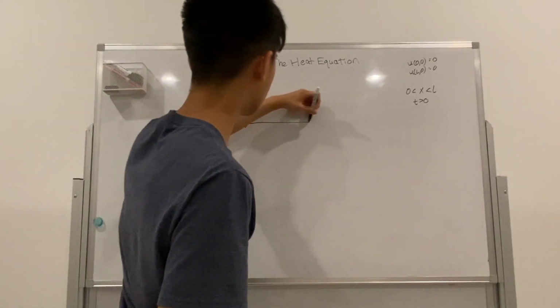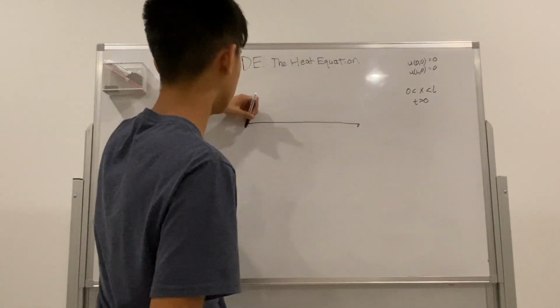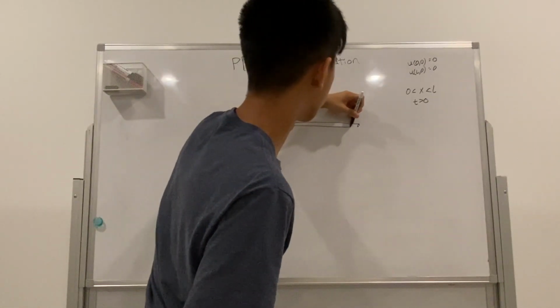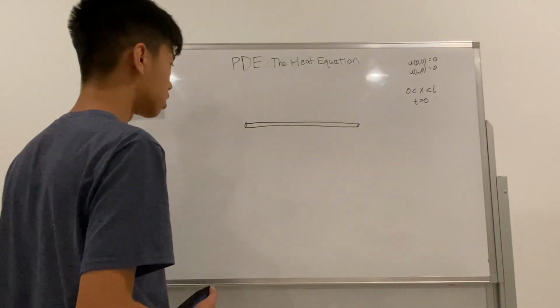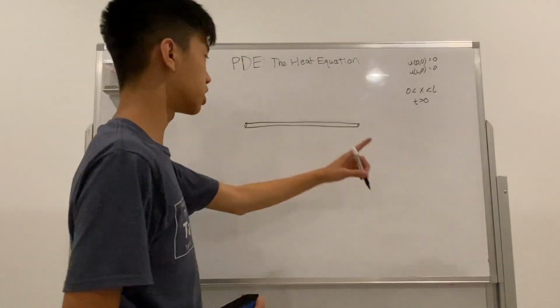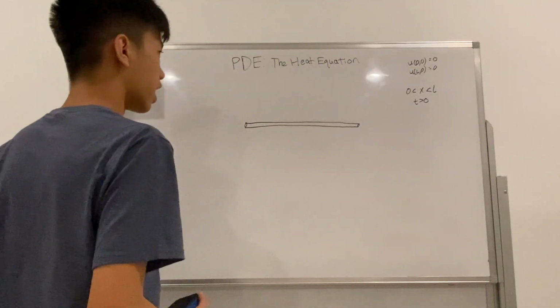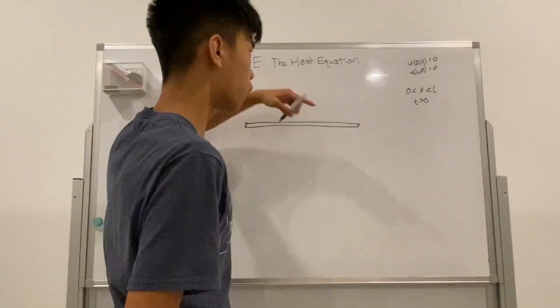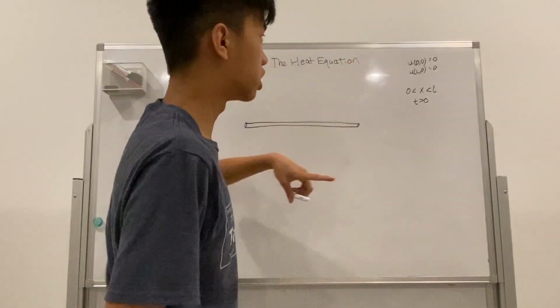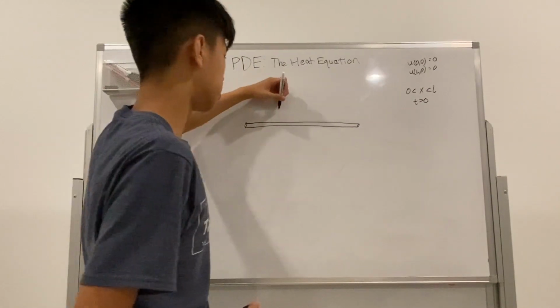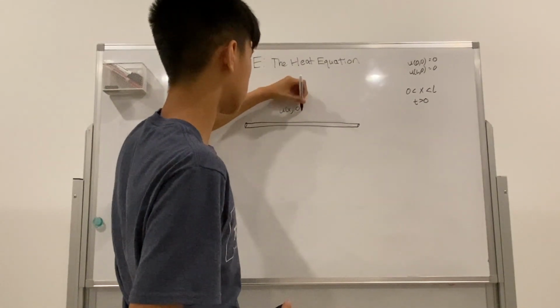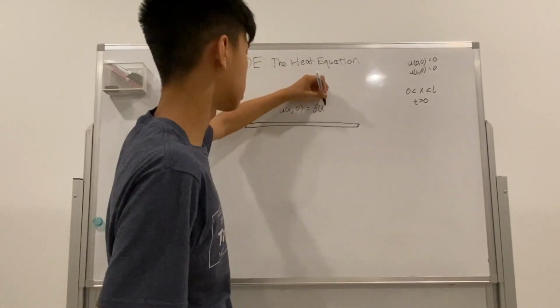Okay, now let me go more in depth on what I was saying at the introduction of the video. So let's say we had a one-dimensional metal rod, and let's say before you made the initial conditions that there was a heat distribution of f of x.